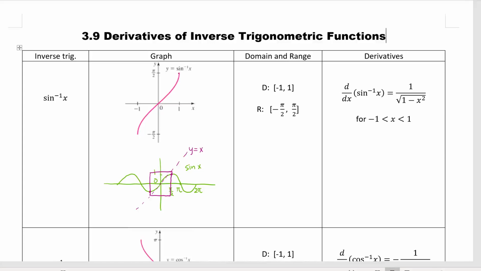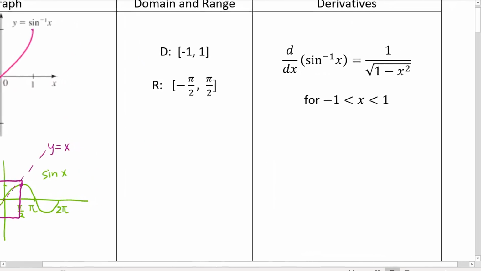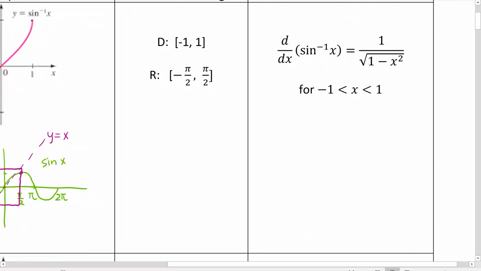This is how we derive the derivative. We use implicit differentiation. First of all, let's make it bigger. We have y equals arcsine of x. Then what's x? Well, x equals sine of y, right?